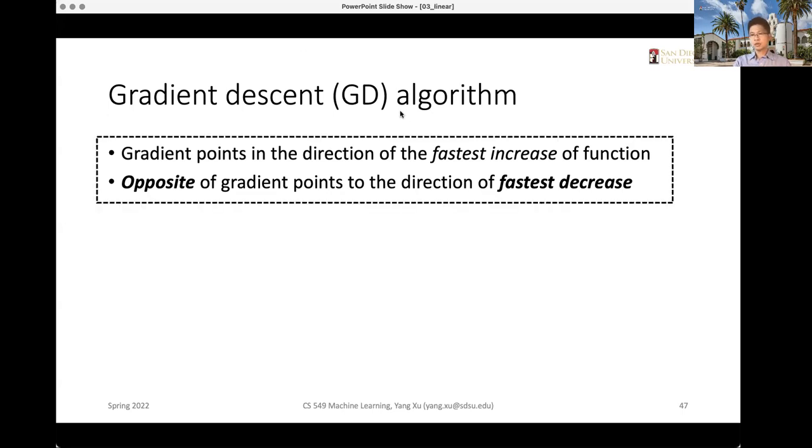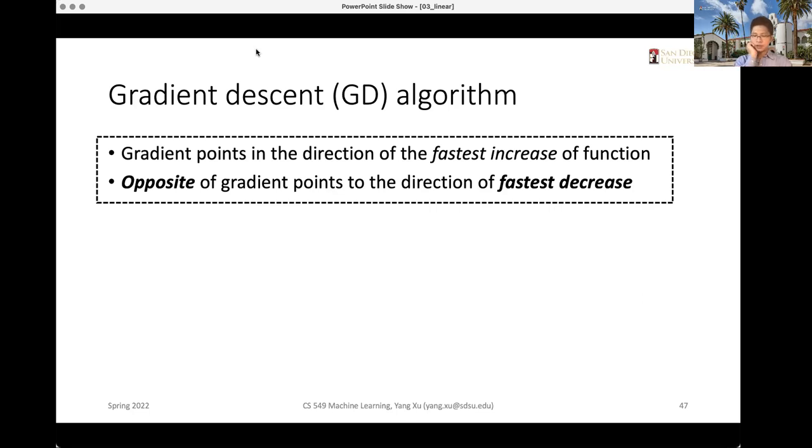Okay, so this is the most important principle behind the gradient descent algorithm, right? It's called descent, and descent means decreasing. If we want to find the lowest points of a function, then it makes sense to always choose to walk along the direction in which the function is decreasing with the fastest speed. It doesn't make sense to go in a direction in which the function increases.